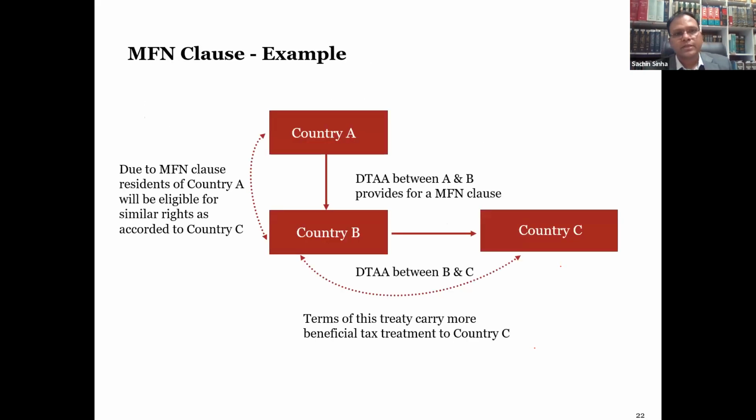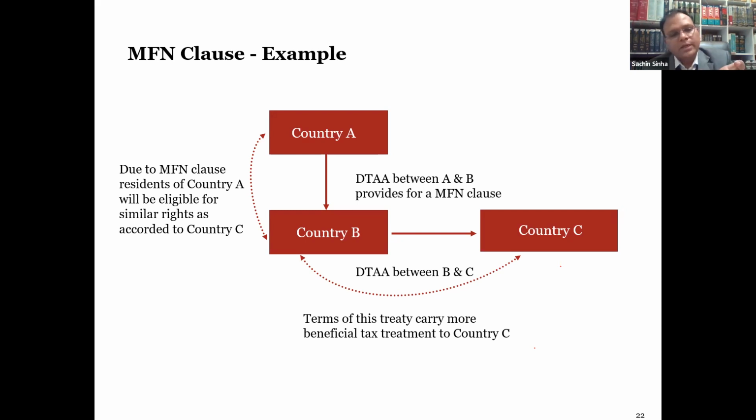So most favored nation, if you can see this example. Most favored nation is basically what the treaty wants to say, that assuming India entered into an agreement with, let's say, Mauritius, for example, and it says that okay, I'll give you an MFN clause.